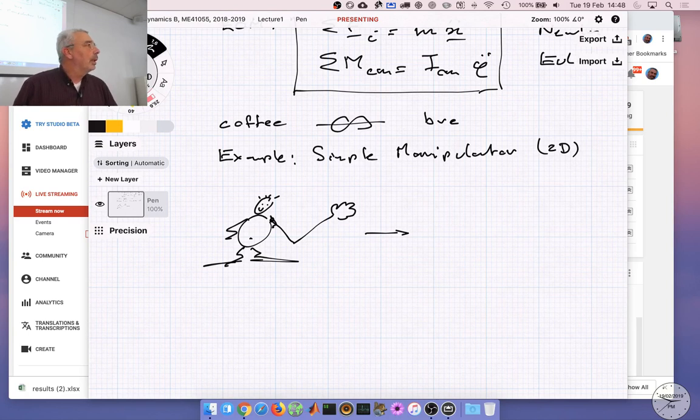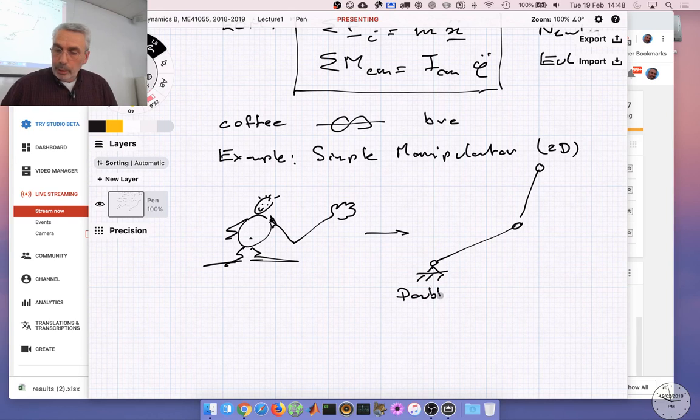It's too complicated. So then we think, oh yeah, the manipulator is fixed to the ground. I see myself as an inertial body, and then you have like two bars connected to each other. From a mathematical point of view, you say, oh yeah, this is like a double pendulum.